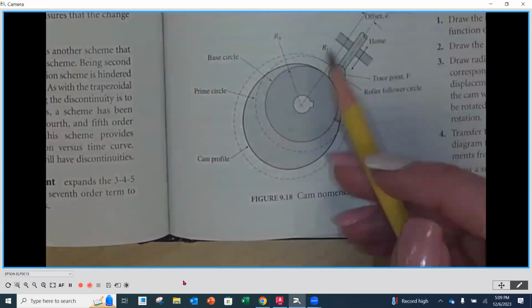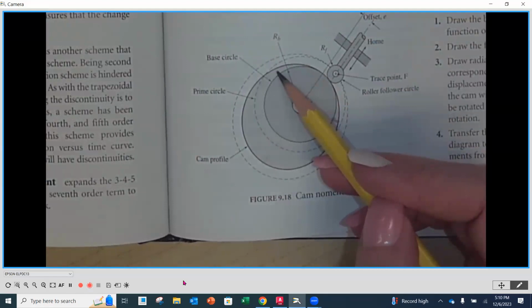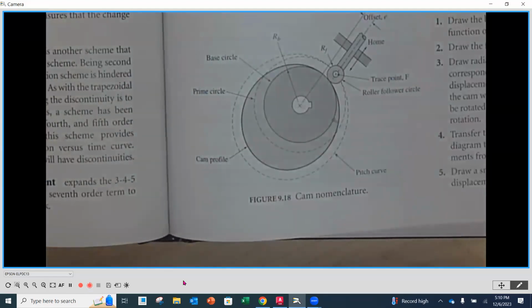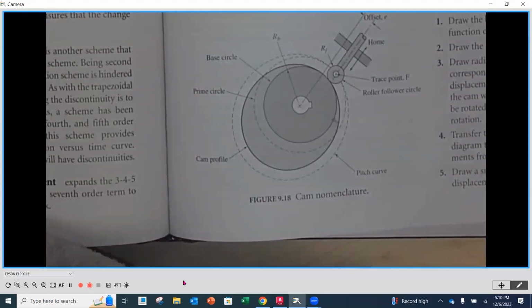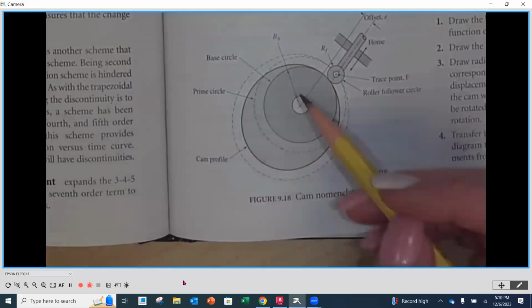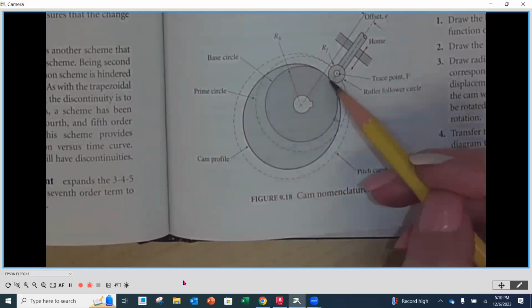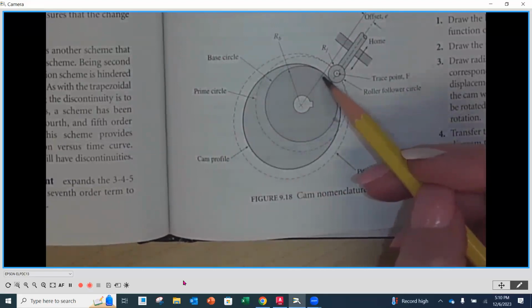And as we rotate, you're going to notice that we start to go further and further away from that base circle. Those distances from the base circle are going to be measured from our displacement diagram that would have been created based on the motion sequence that we wanted, and also the motion scheme, like if it was harmonic or cycloidal or constant velocity and such. And it's going to be at the appropriate angles, and then come back around to zero to start all over again.